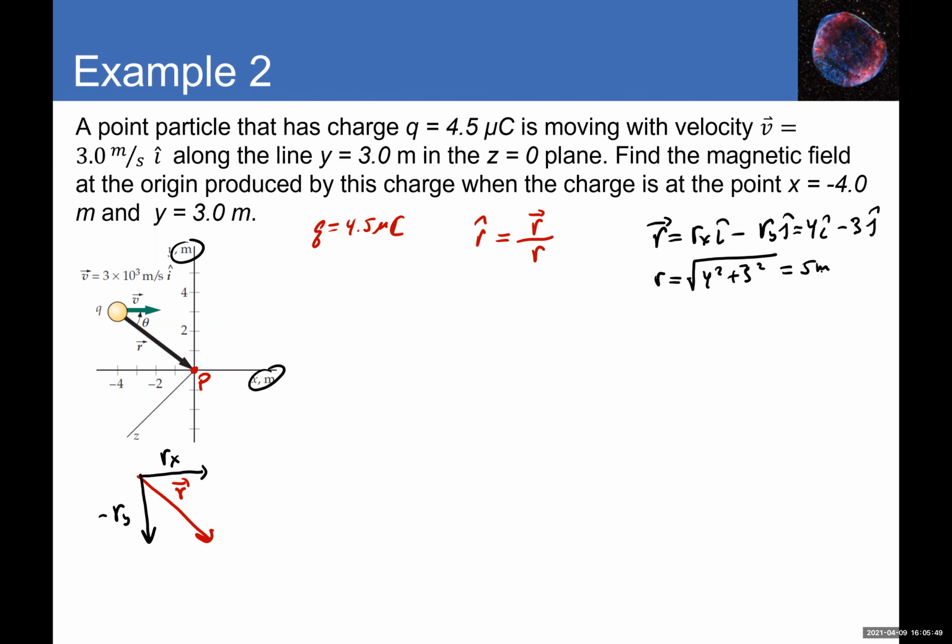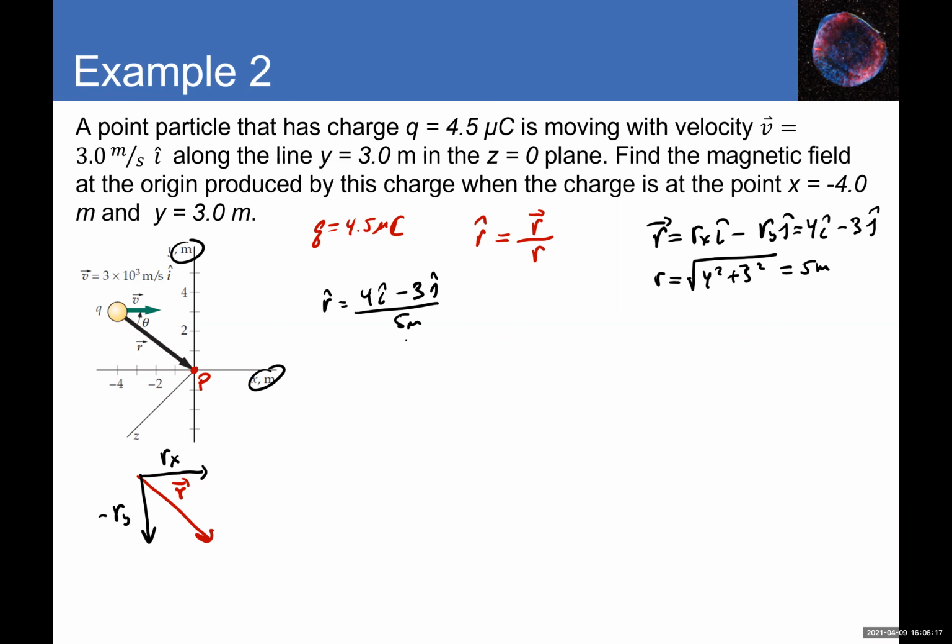That means I cannot represent R hat as an i hat or j hat or k hat, so I need to first find how to represent R hat. R hat is equal to vector R divided by the magnitude of vector R. Vector R is 4 i hat minus 3 j hat, divided by 5 meters.